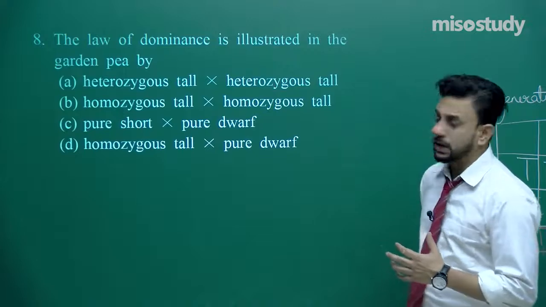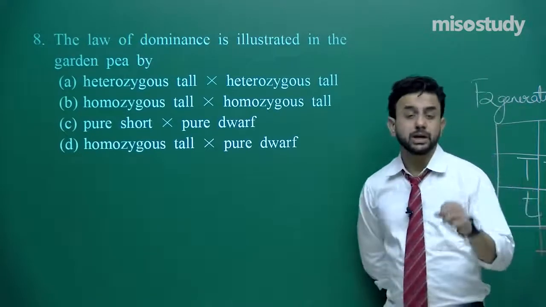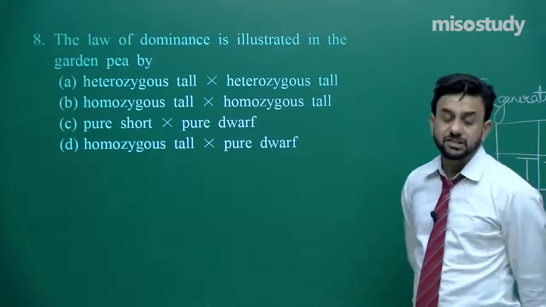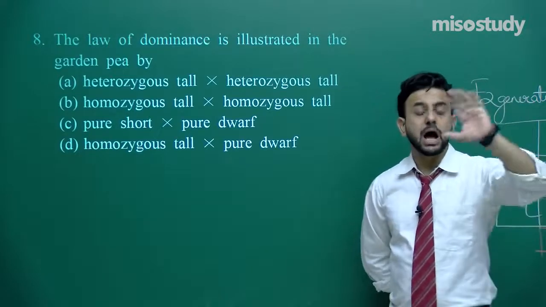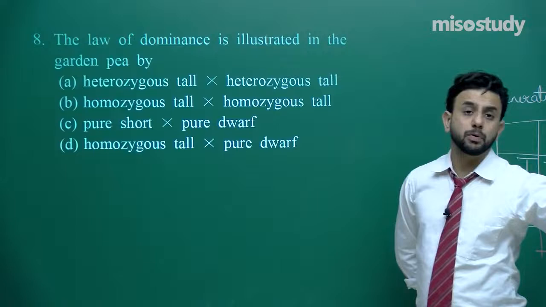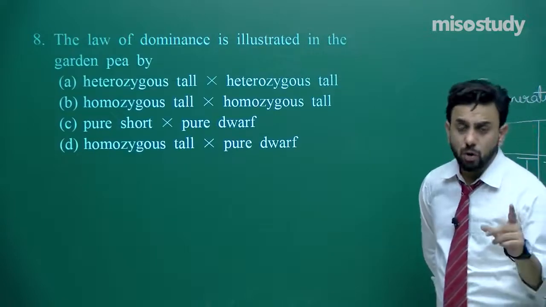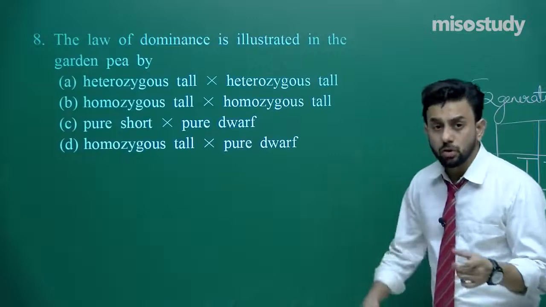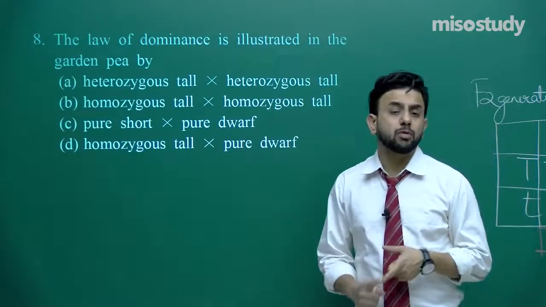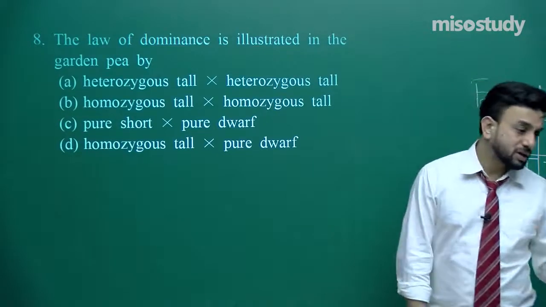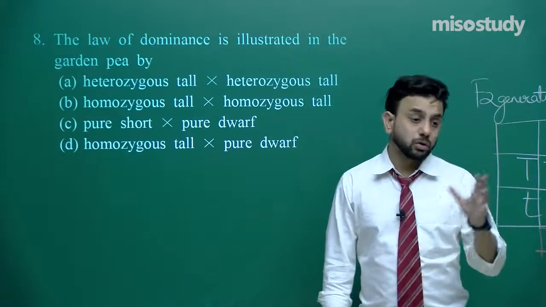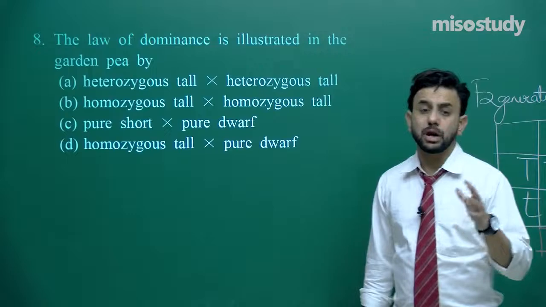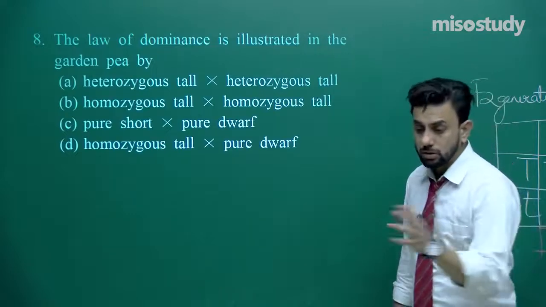So what we see here is that Mendel took pure tall pea plants and pure dwarf pea plants, that is capital T and small t. He took pure plants in a monohybrid cross for tallness. He crossed them, and what he obtained was that all the plants in the F1 generation were tall.